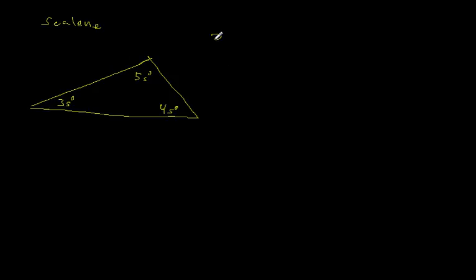Let's do it up top here. 3s degrees plus 4s degrees plus 5s degrees has got to equal 180 degrees. Let's go ahead and combine all like terms. Well, 3 plus 4 plus 5 is 12s. So I've got 12s equals 180 degrees.